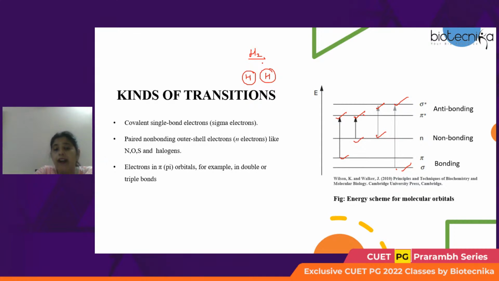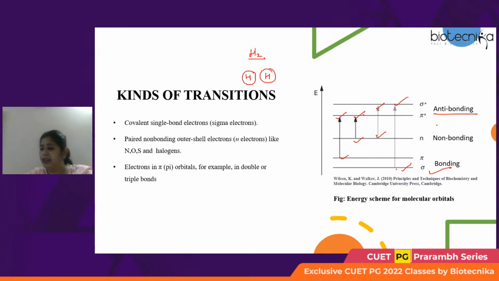If the attractive force between the nuclei allows this stable interaction to take place, then it is a bonding orbital. It is lower in energy. But the higher energy one is always anti-bonding. Okay. So this is the point that you all have to keep in mind.